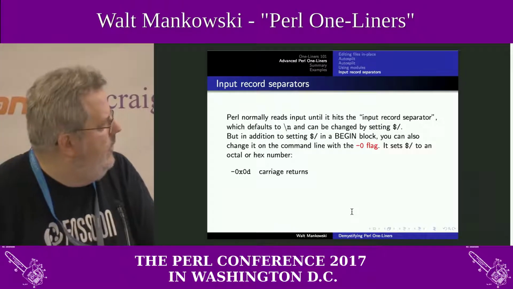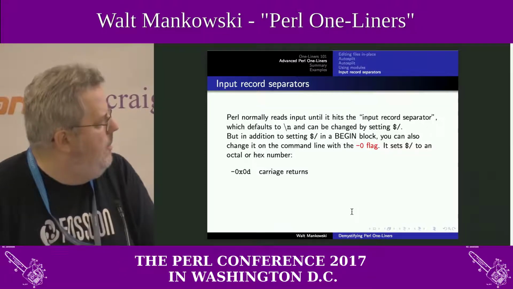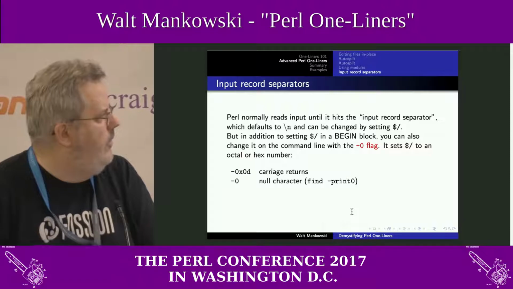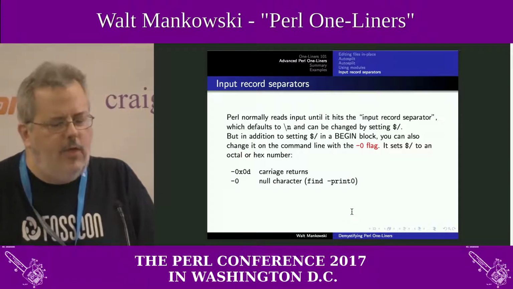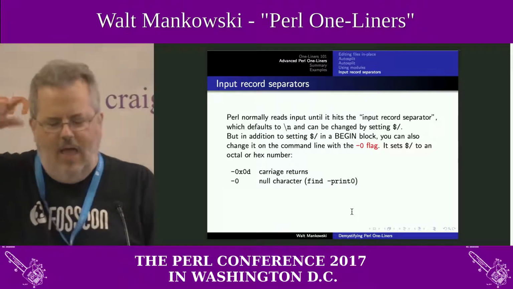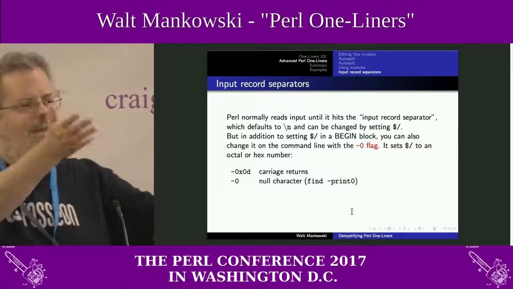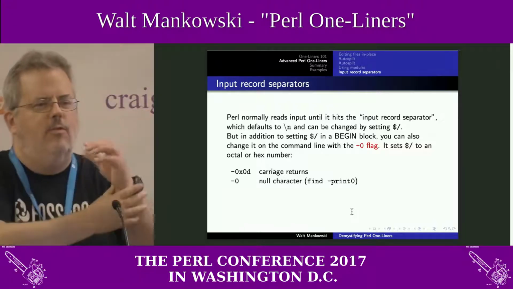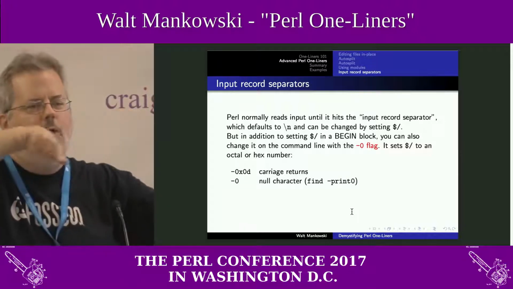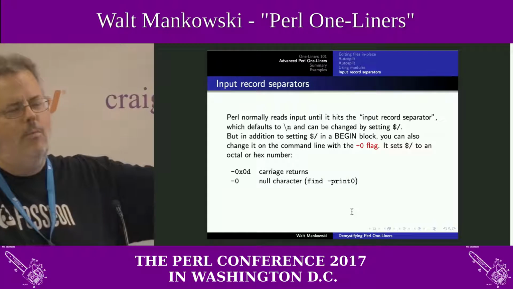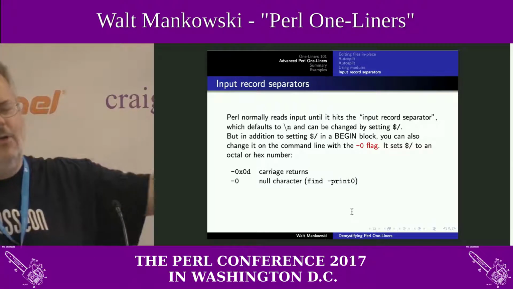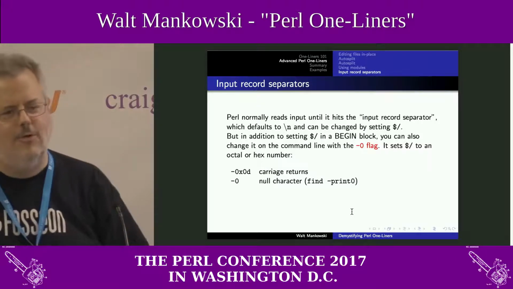This sets the input record separator to carriage returns. If you just have a 0 without anything else, it makes it null, which is useful if you're running find -print0. Normally, if there are spaces in your file names, other things are going to split on spaces, but you can't do that if the file names have spaces in them, so find puts null characters at the end.